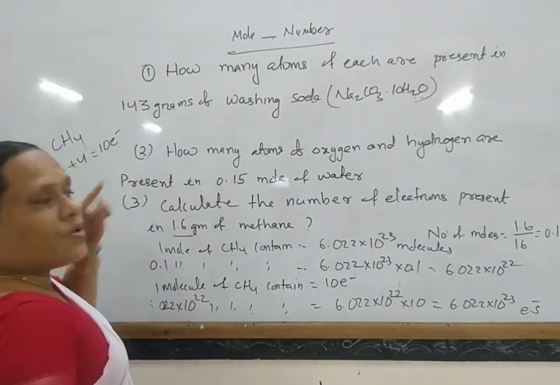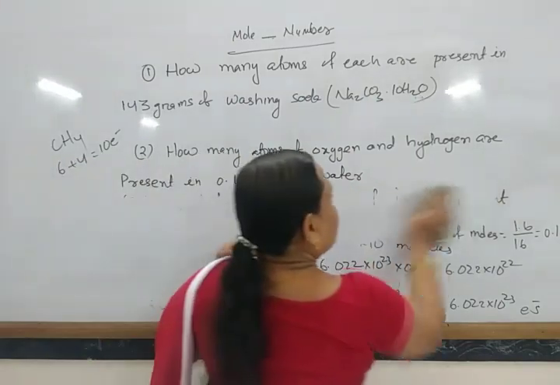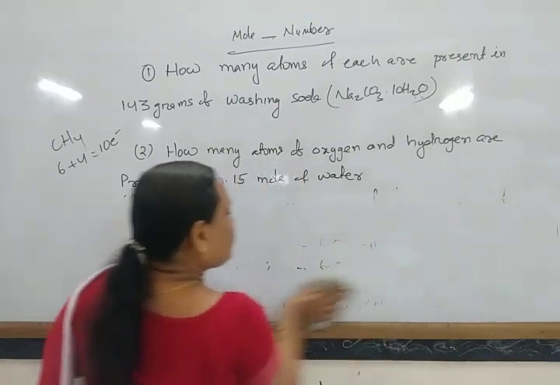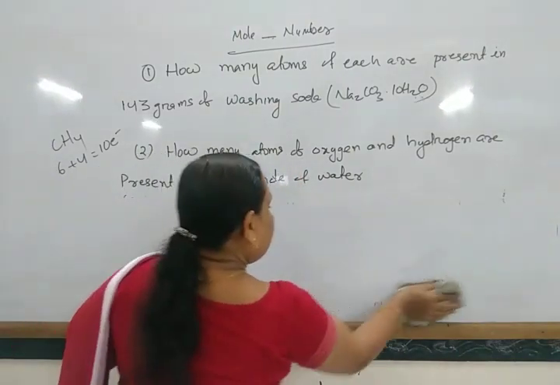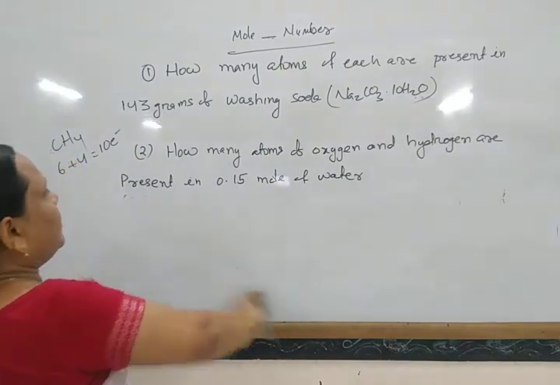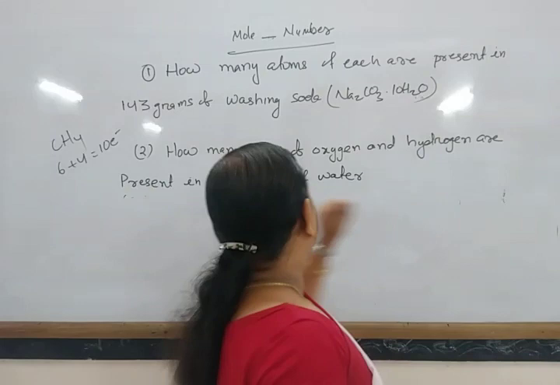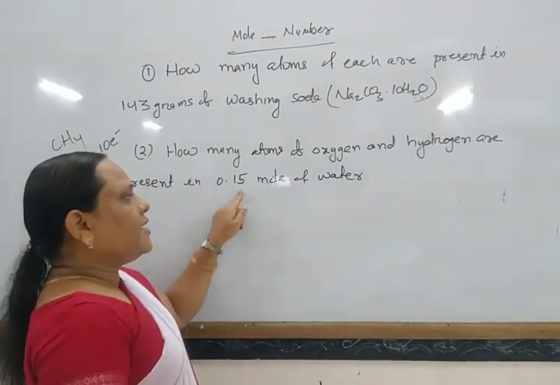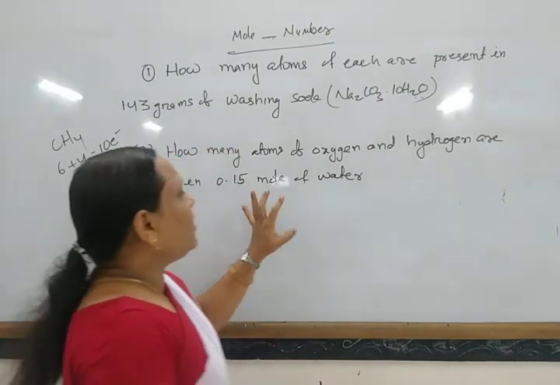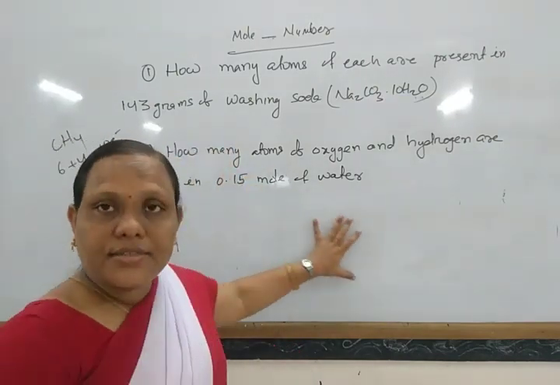Next, come to question number 2. How many atoms of oxygen and hydrogen are present in 0.15 mole of water? Already the mole is given, so no need to find the mole.